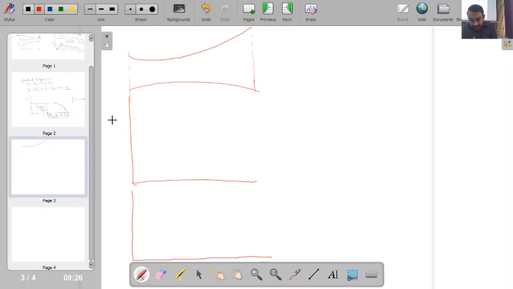Say this is my Mach number versus X, this is my P by P naught versus X, and this is the point of minimum area where I have A by A star equal to 1. This is the point corresponding to Mach number equal to 1, and this is the point corresponding to P by P naught equal to 1. Fine.